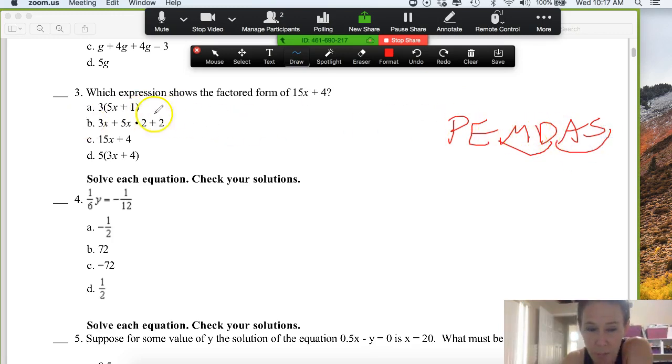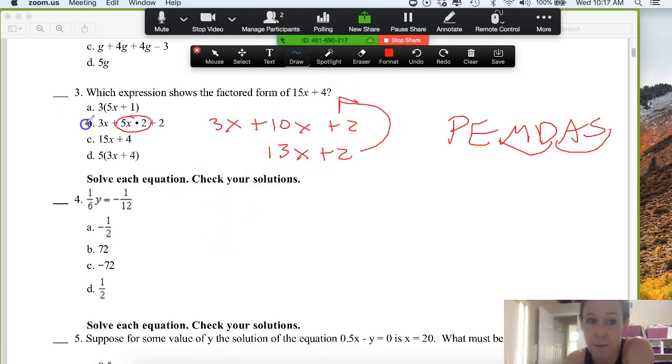There's no parentheses or exponents, so I do multiply, divide first. So that means I have to do this first. 5x times 2 is 10x. So I'm going to have 3x plus 10x plus 2. Well, 10x and 3x are 13x's plus 2, and that is not this. So it's not B. Makes sense.